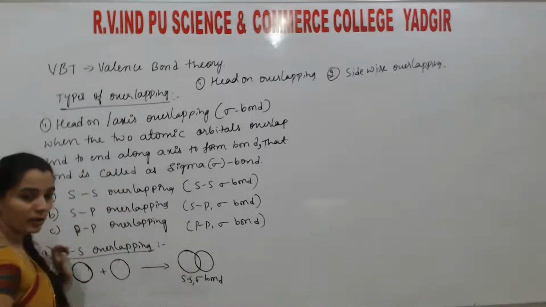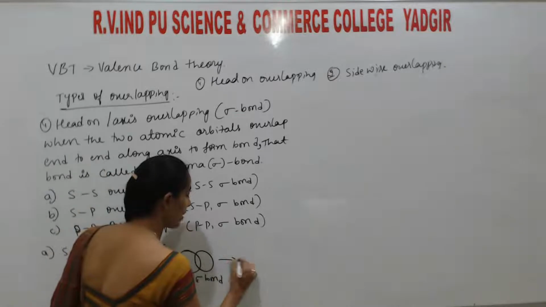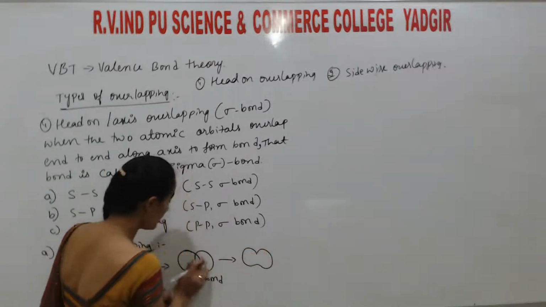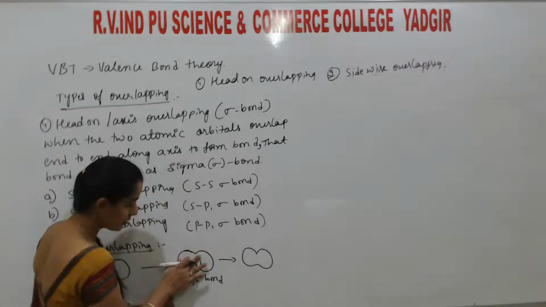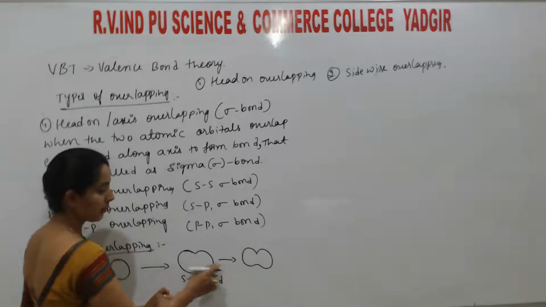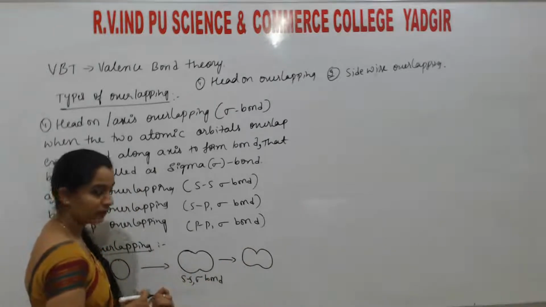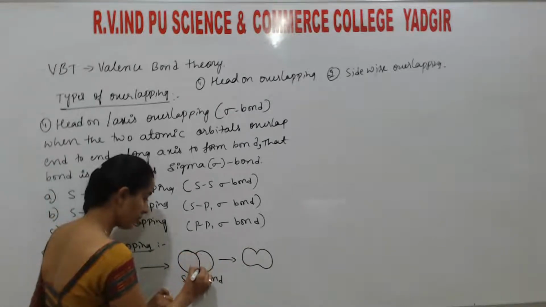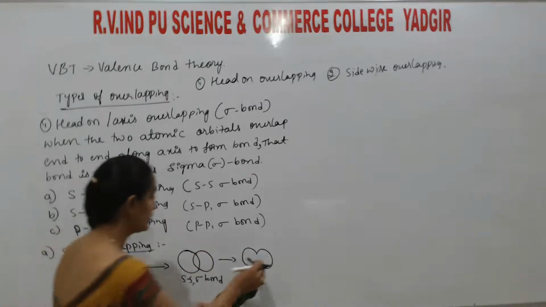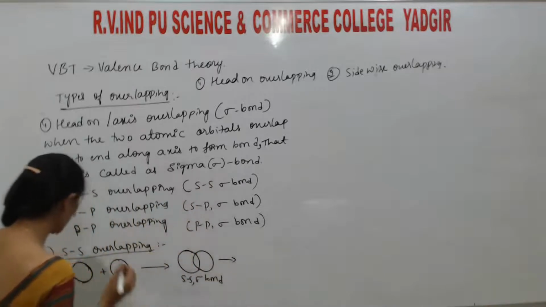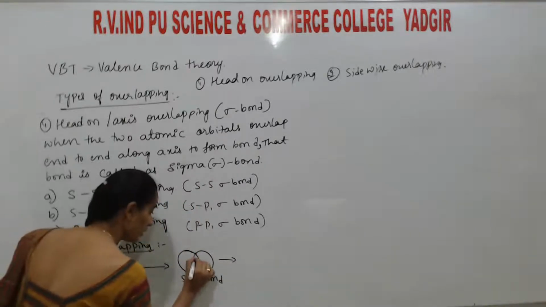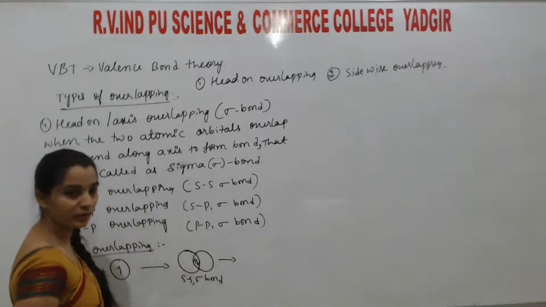Once the bond is formed, the shape of the molecule becomes like this. If we just remove this, this is the shape of the molecule. Are you getting? Because overlapping takes place here. In the S orbital one electron is there, here also, and they are arranged in opposite spin.